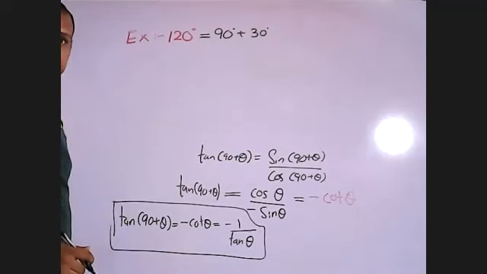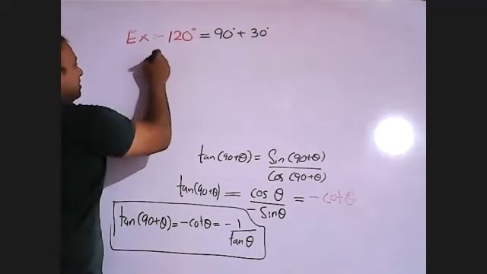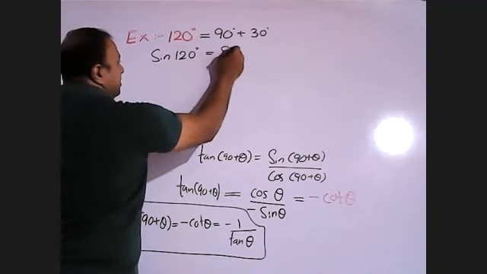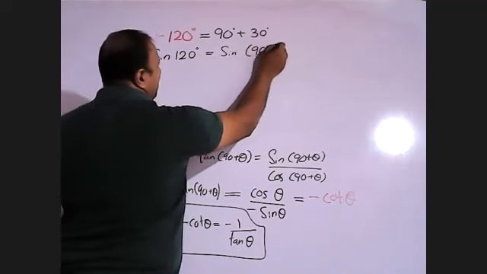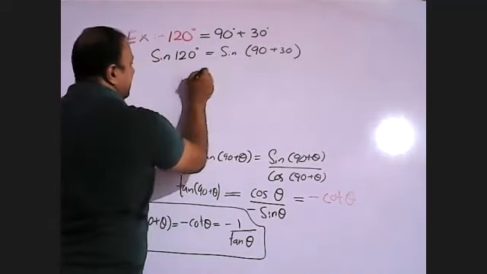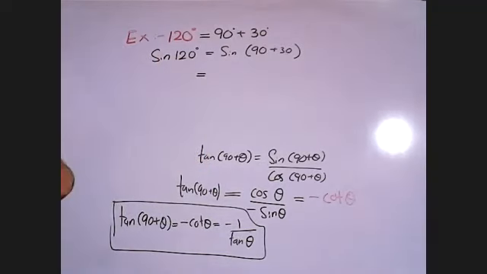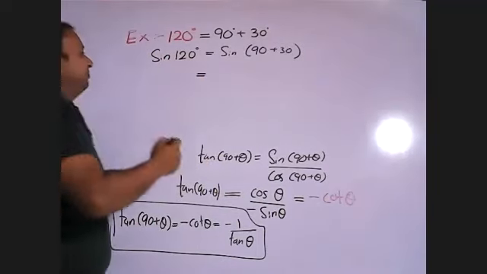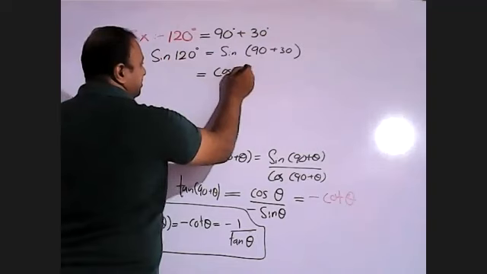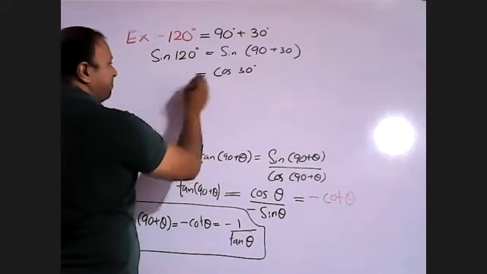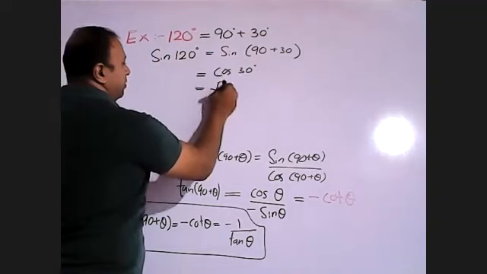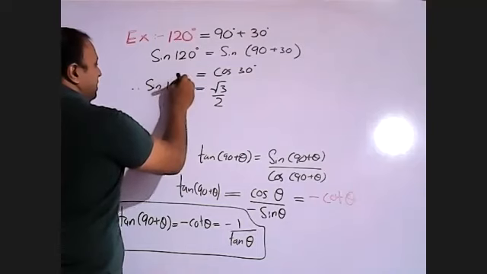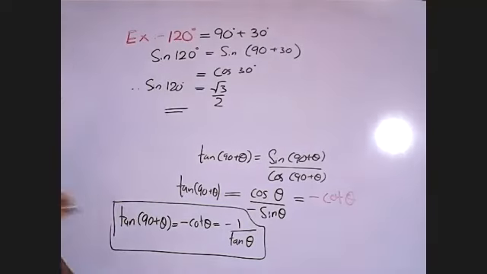Therefore, sin 120 is equal to sin 90 plus 30, which is equal to cos 30. Cos 30 means root 3 over 2. Therefore, sin 120 is equal to root 3 over 2.